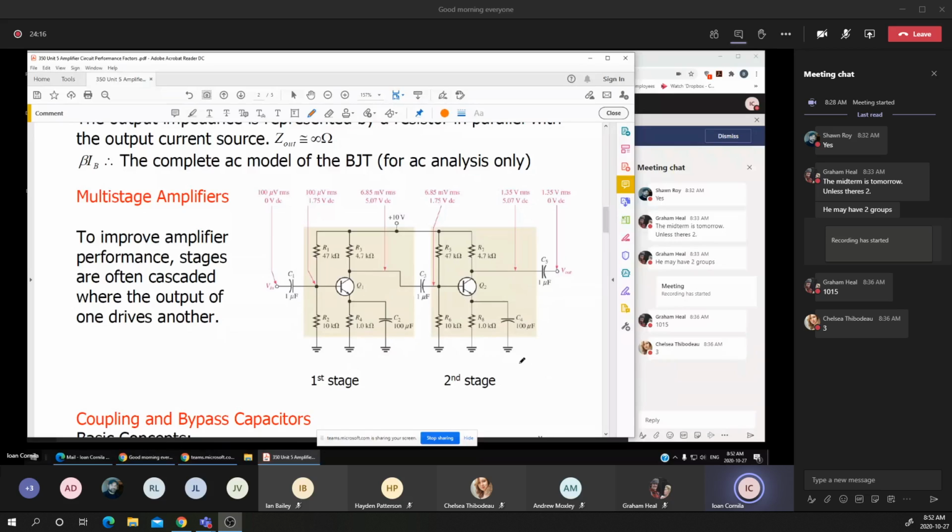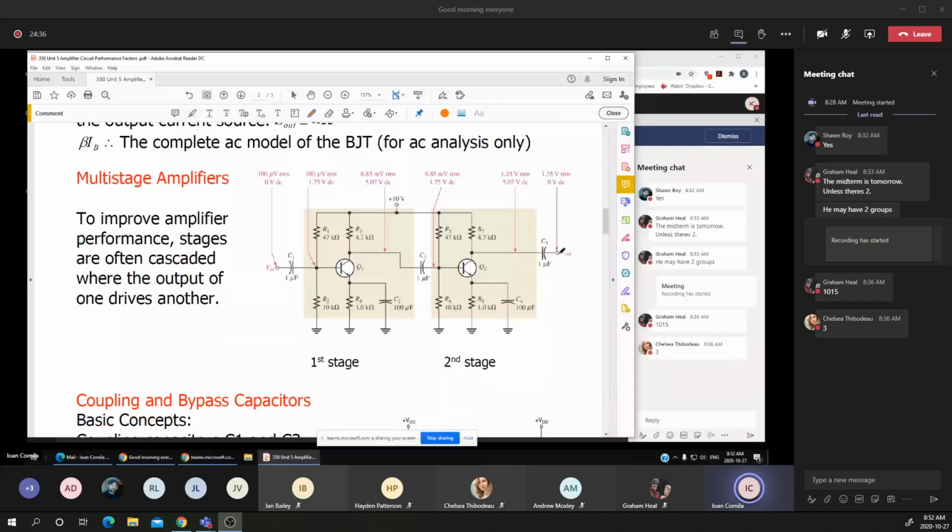Usually we have multiple stages that are connected or linked through a capacitor. And you notice that I'm having capacitor C1, capacitor C3, capacitor C5 that may be connected to another stage or another amplifier, or may be connected to a load. Means that if that's the output, I will connect the load resistance to the ground, and the purpose of those capacitors is to let just the AC component pass through the capacitor.